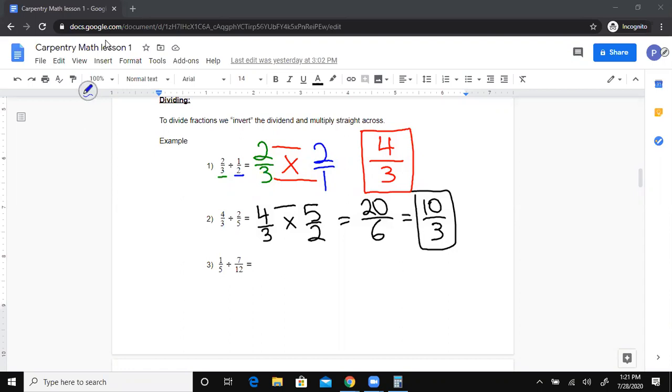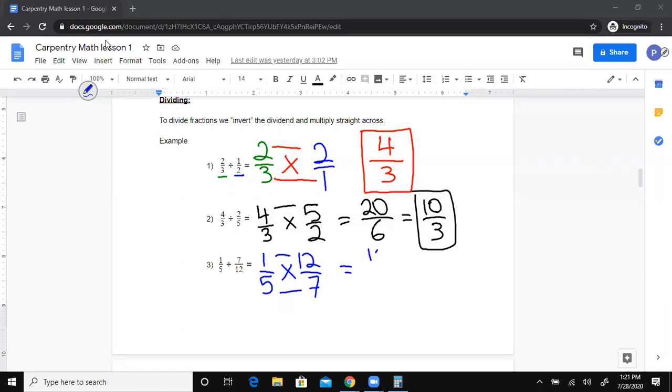So let's do this last example for division. Again, the first number, the number we are going to divide, stays the same. 1/5 gets divided by 7/12. So we flip 7/12 on its head, getting 12/7. As we flip this number we're dividing by, we get to change the division for a multiplication, and we go straight across, just like before.